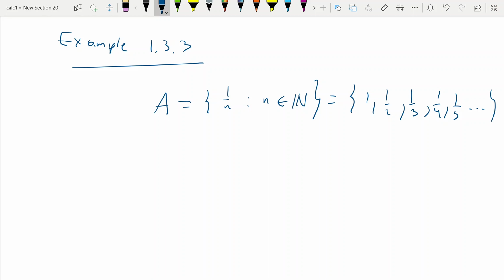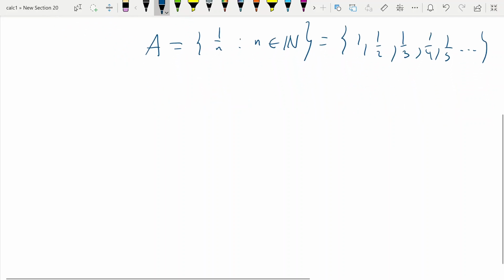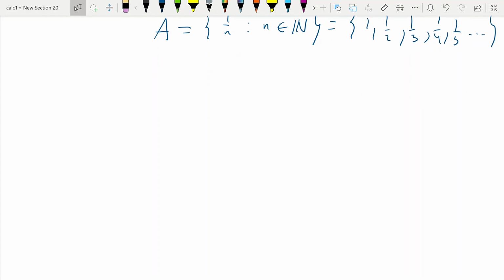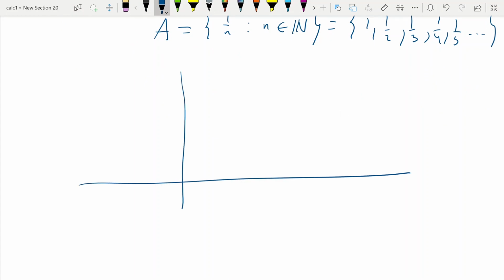This set is infinite. It has infinitely many numbers, and it can be seen if you look at the real line. This is 0 and this is 1. Then the set is clearly bounded from above and below.